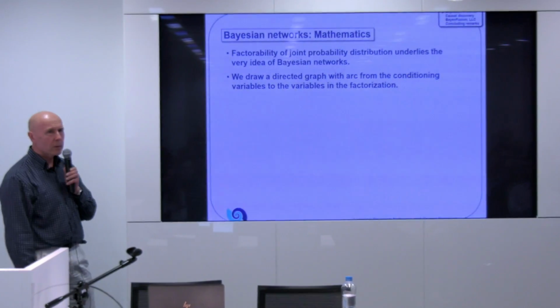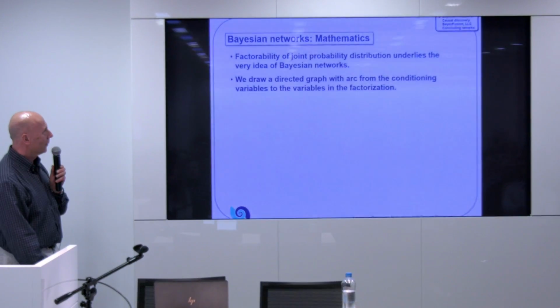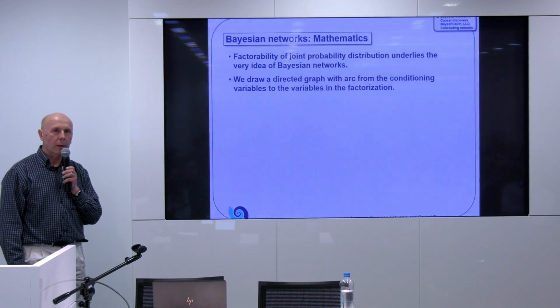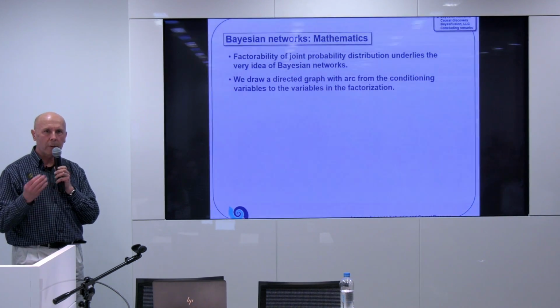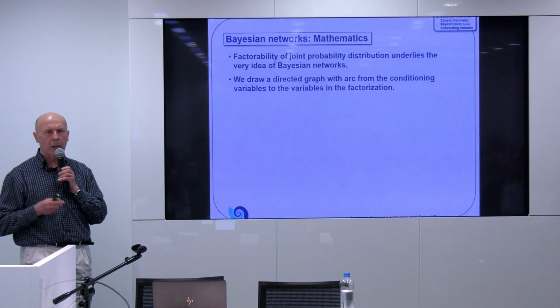Now, the mathematics of it, I promise this is just a couple of slides. There is a way of capturing a joint probability distribution over variables. Joint means how these variables are jointly distributed together.